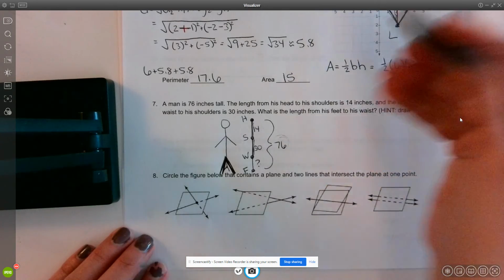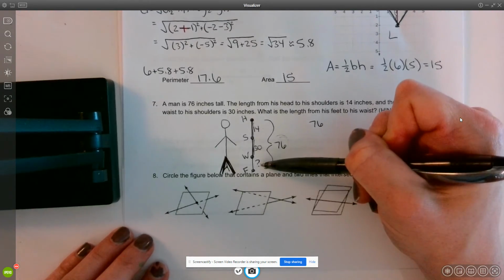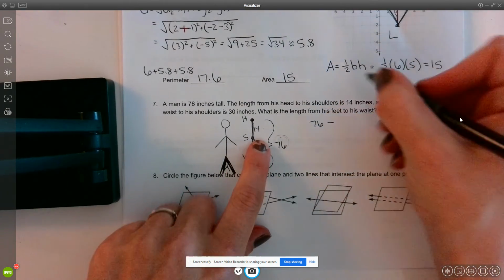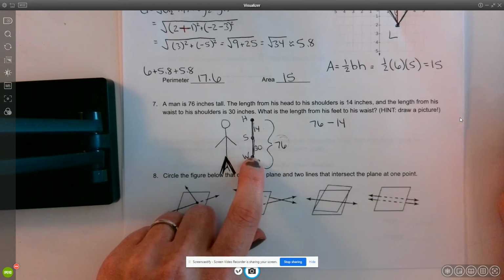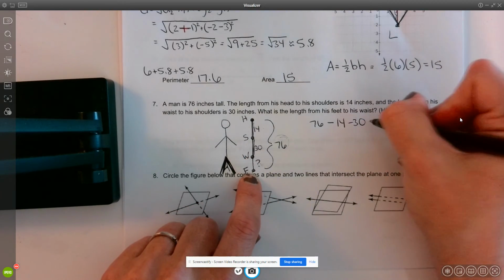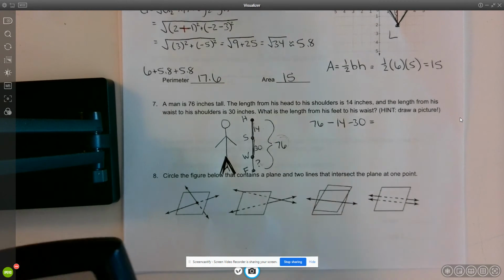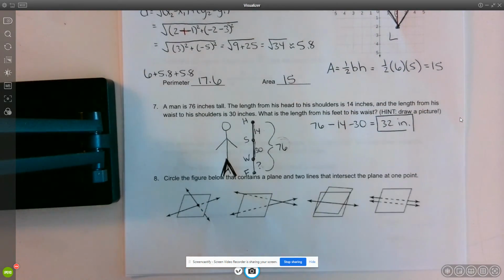So if I take the whole, I can subtract the pieces I know to find my missing length. If I take his total height and subtract 14 inches, the length from his head to his shoulders, and subtract 30, the length from his waist to his shoulders, that should give me the length from his feet to his waist, which is 32 inches. Sometimes when you have problems that are wordy like this, it helps to draw a picture.